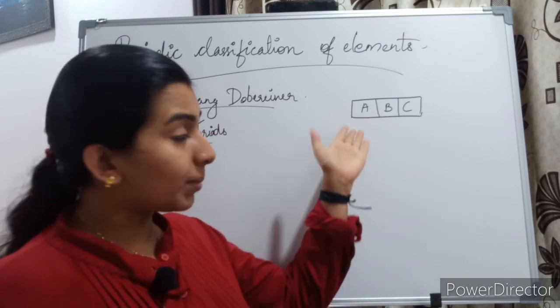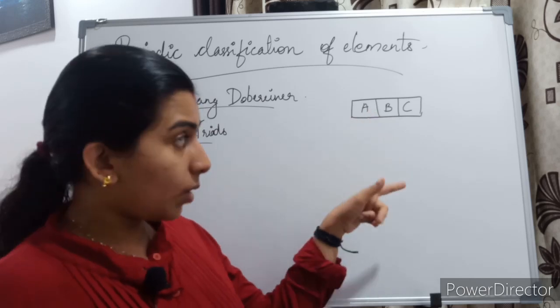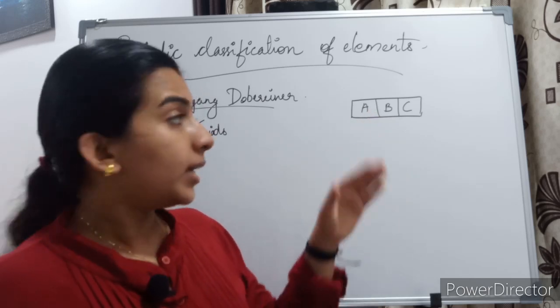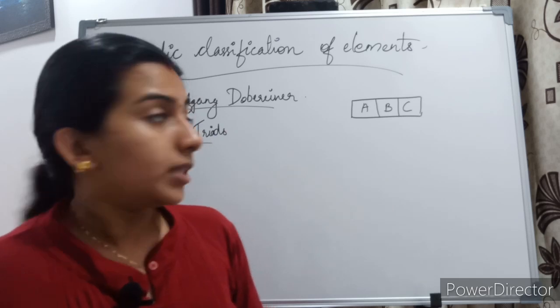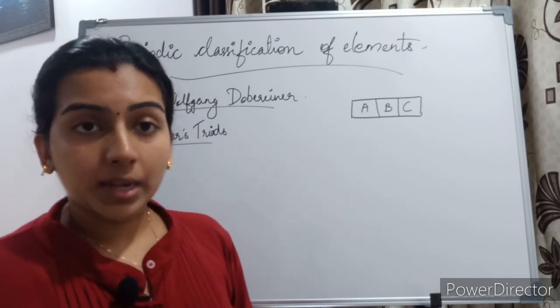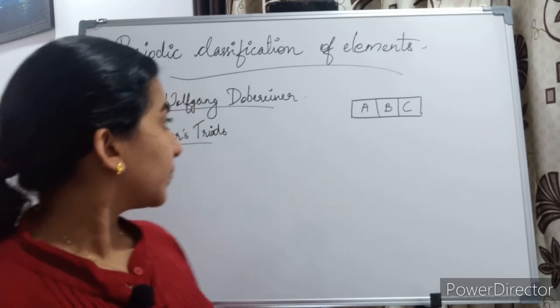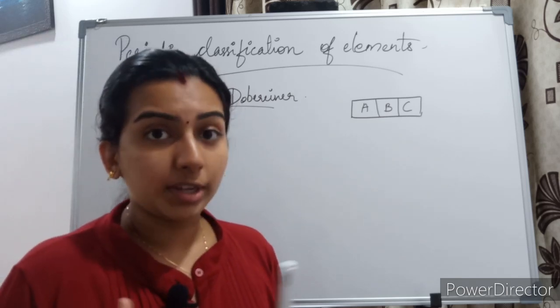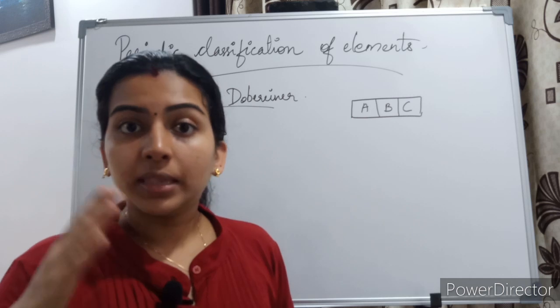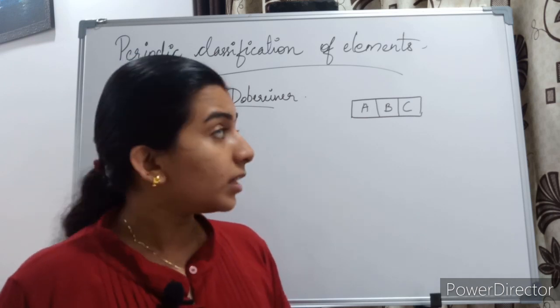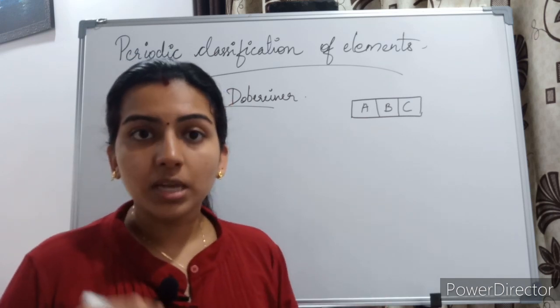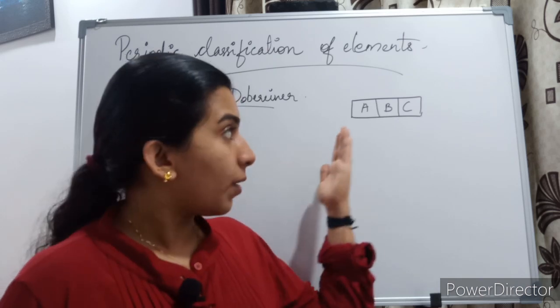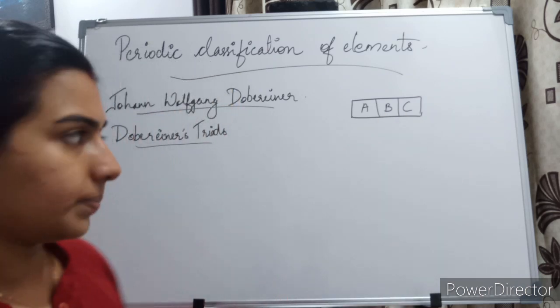In olden times, they considered that there was a very big relationship between the atomic mass number and the physical and chemical properties of the elements, so they grouped them according to their mass number.